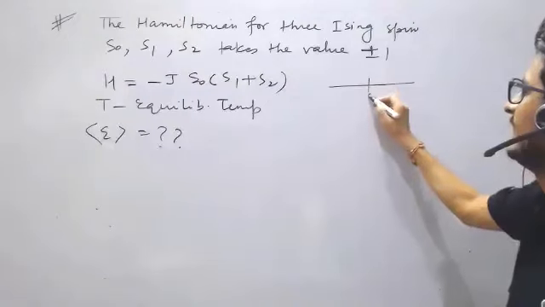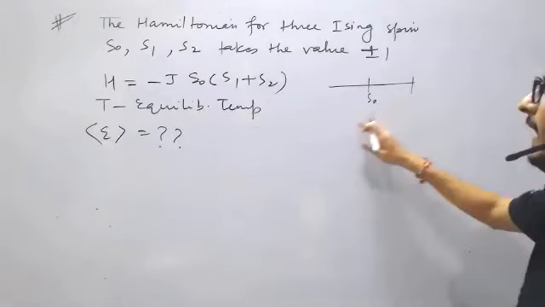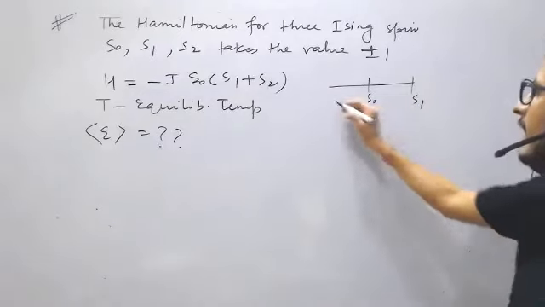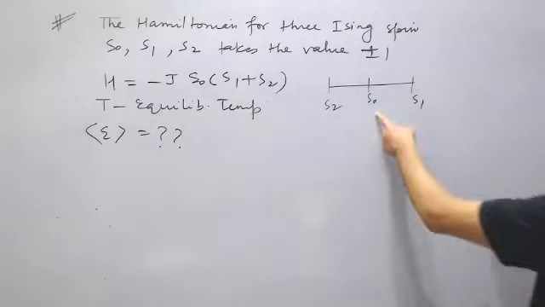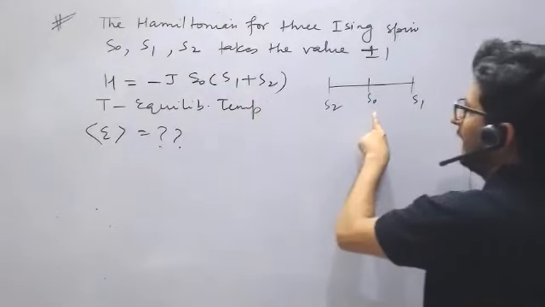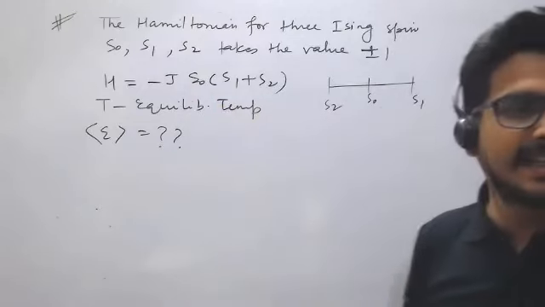Please see, ये कुछ ऐसी रही होगी. S0, S1 and S2. तभी तो S0 and S1 and S0 and S2 दोनों का interaction यहाँ पे लिया गया है. And J is that interaction energy.